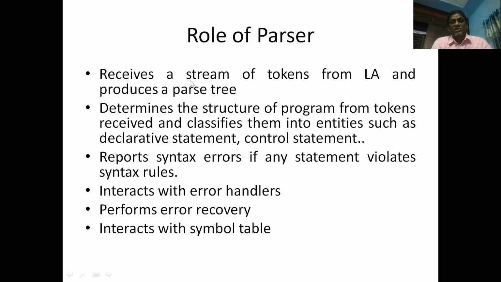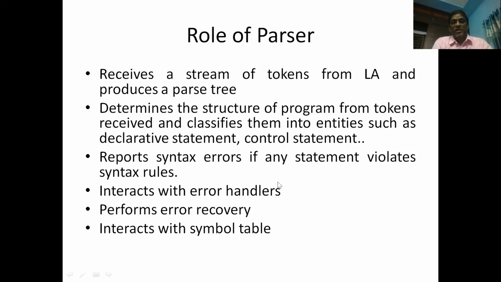What are they? First and foremost task is production of the parse tree from the stream of tokens received from a lexical analyzer. If everything goes right, this is the task done by your parser. And then it also identifies the type of statement based on the stream of tokens received. Another task is, if at all syntax violations are there, then it should produce syntax errors based on the violations done by the corresponding statements.